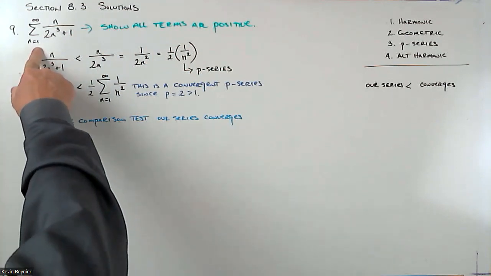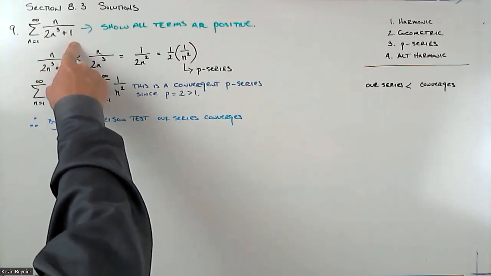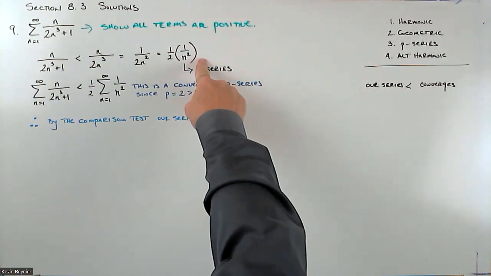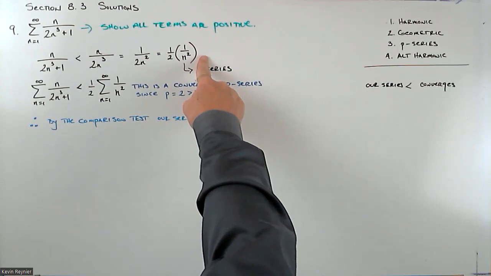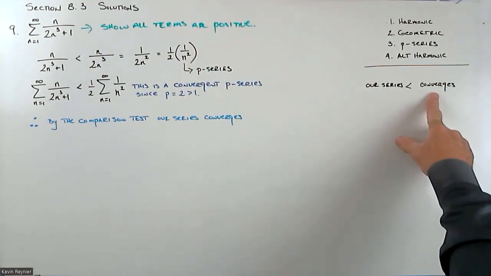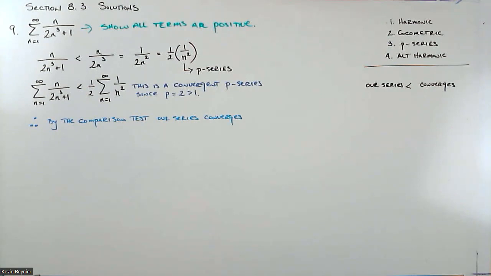And since n is always positive, n cubed is always positive. So n cubed plus 1 is positive, n is positive. So this satisfies the hypothesis for the comparison test. It has all positive terms. And we've found a series that's bigger than ours that converges. And so since it's larger than ours and it converges, we don't know what ours converges to, but we know it must converge. Okay, so let's take a look at number 10.